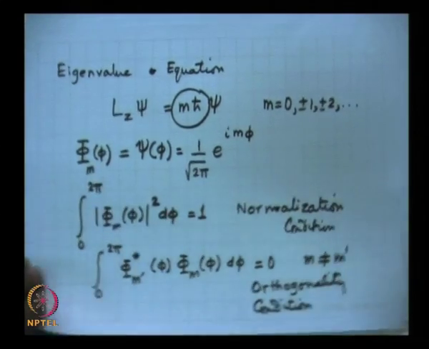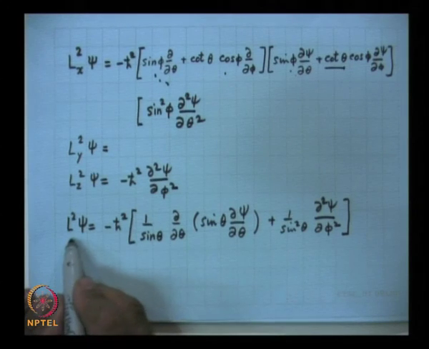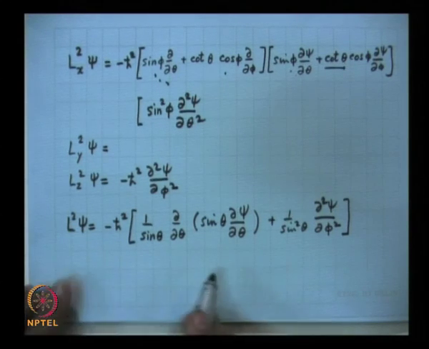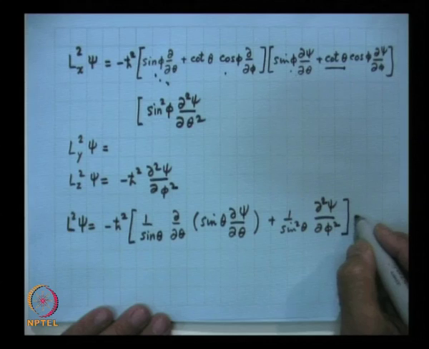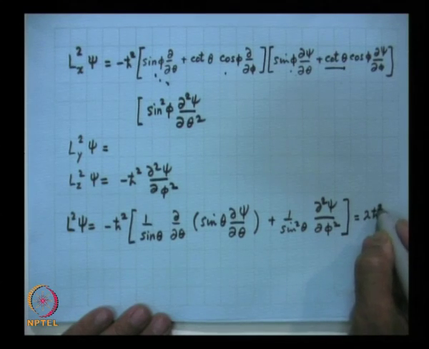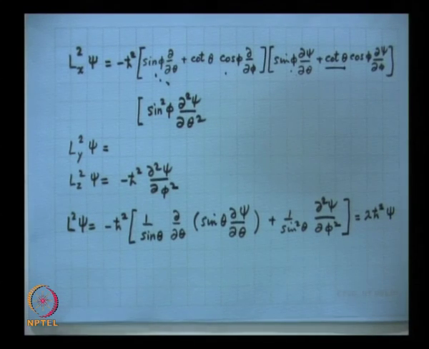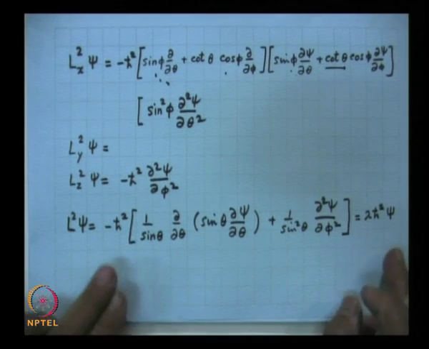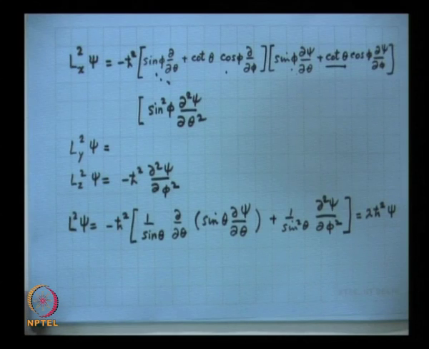Our next step, which is not that easy, is to find out the eigenvalues and eigenfunctions of the operator L square. So, I write this down as equal to lambda h cross square psi, and I want to solve this. So, our objective now is to solve this particular equation.